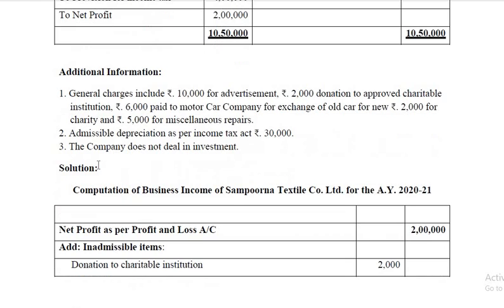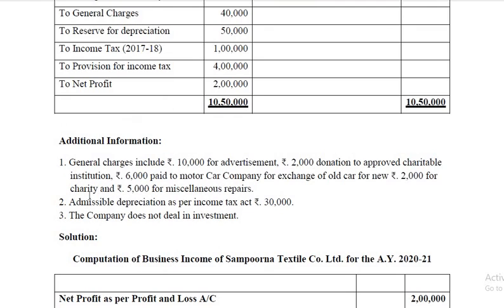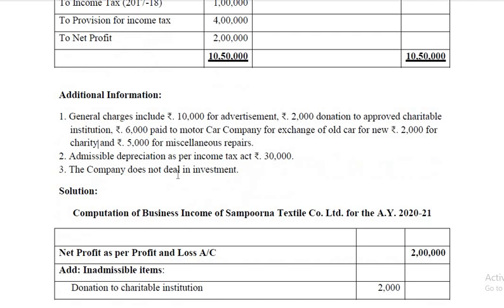Any charity and donations are not allowed. That should be added back. And then miscellaneous repairs. This is very much allowed. So thus, under general charges, you need to add back the donation as well as the 6,000 paid for exchange of old car for new, and then charity. So these are to be added back, whereas the rest of the things are very much allowed.